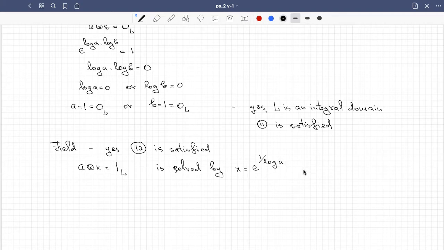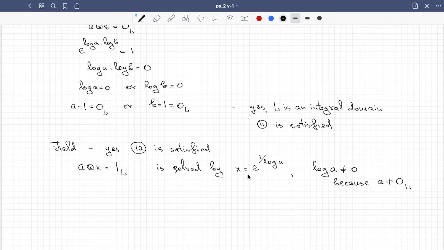For any positive a, log a is not 0, because a is not 0 in L. So it's solved by this x. Log a is not 0 because a is not 0 in L, otherwise we don't want to solve this equation.